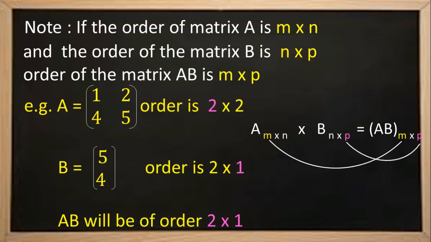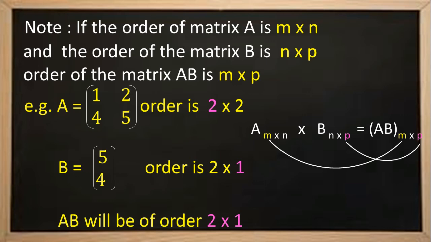Before we move on to question number 16, let us learn a little more concept related to the multiplication of matrices. Please observe this given slide properly, children. Till now, we have done the multiplication of matrices which are of the same order. The confusion arises when they are of different order.